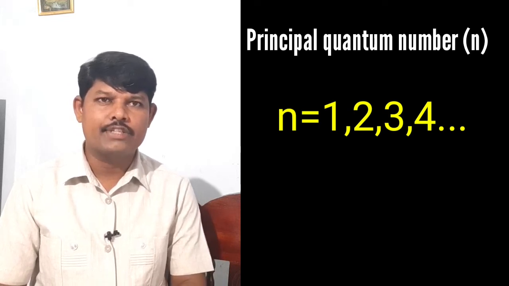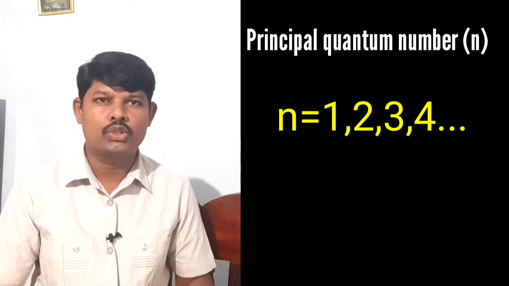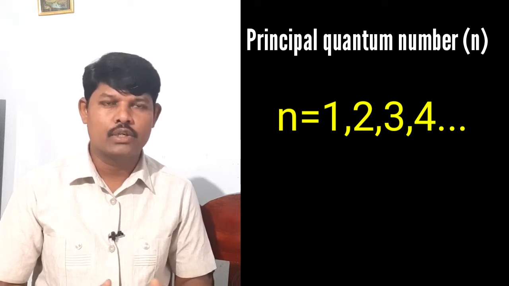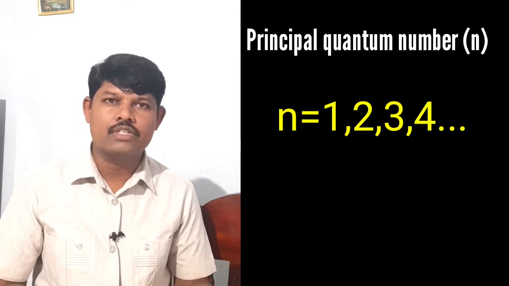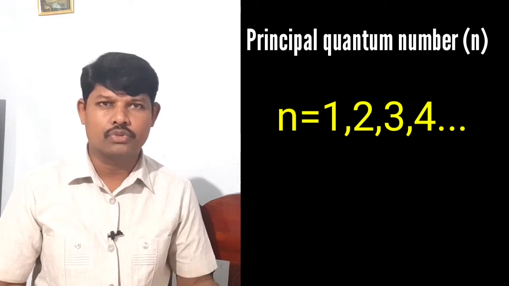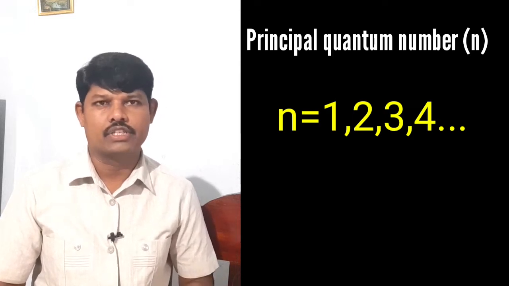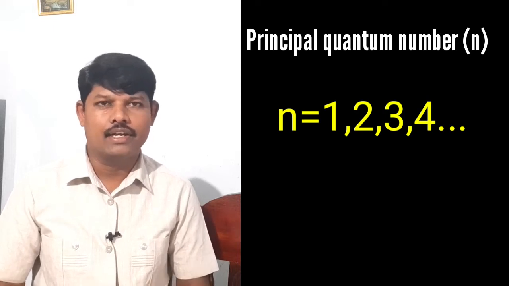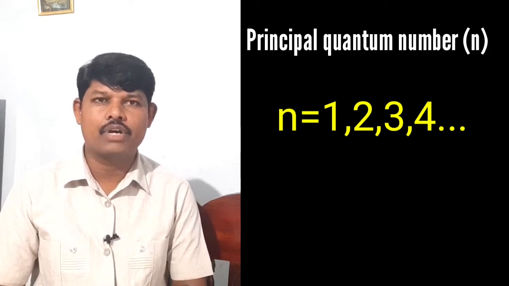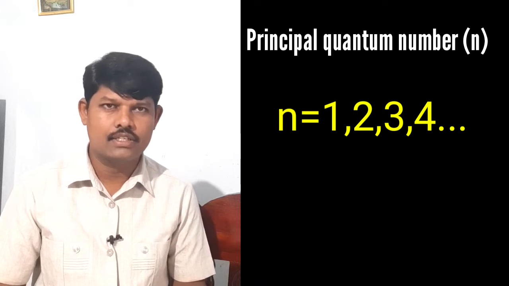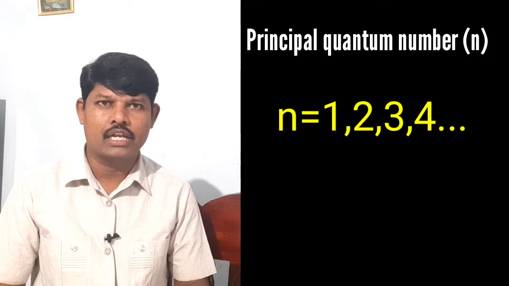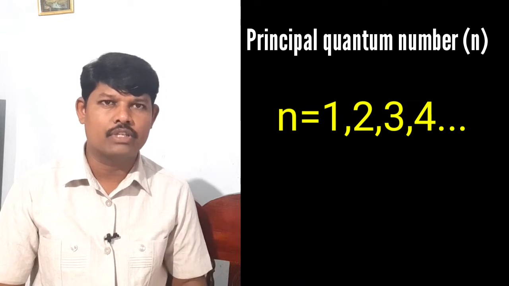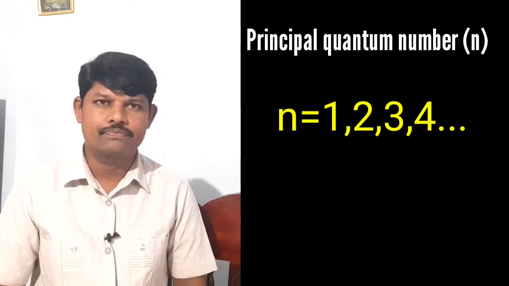Which shell has less energy and which shell has more energy? n equals 4 has more energy. n equals 1 has less energy. As the n value increases, the energy also increases. You have to keep in mind, if the n value is more, the energy of the main shell is more.